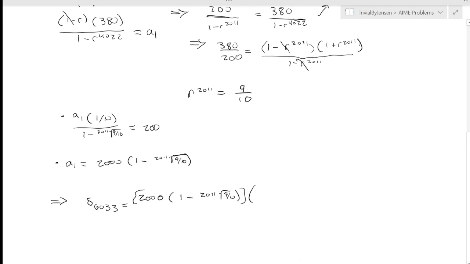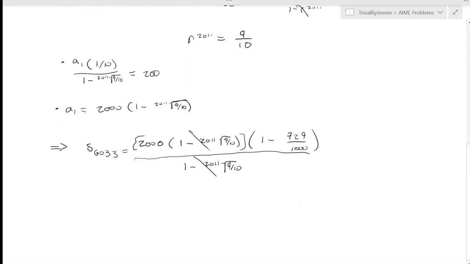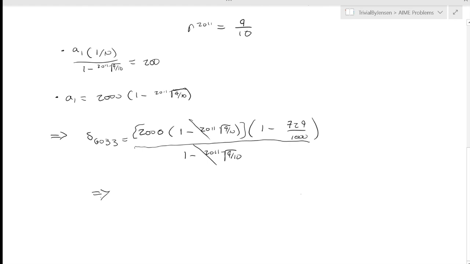So that's 9/10 cubed, so 1 minus 729 over 1,000, all over 1 minus r, so that's 1 minus the 2011th root of 9/10. Obviously these factors cancel in the numerator and denominator, and we're left with just 2,000 times 271 over 1,000, which gives us 542. And that's it.